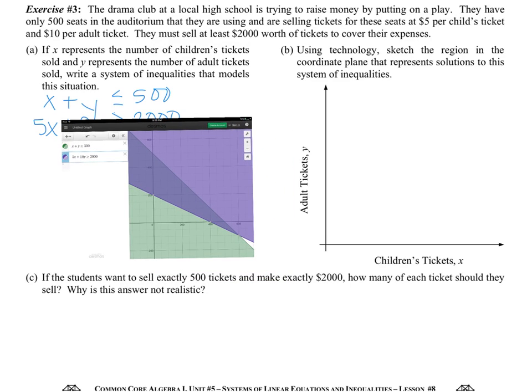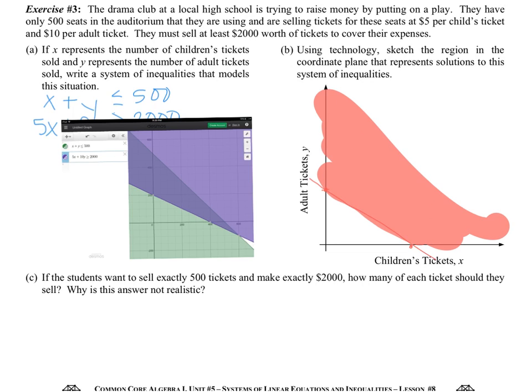So one of the equations is going through at 200 in the y-axis, 400 in the x-axis. So about 200 here, 400 there. And it is shading everything up above it.